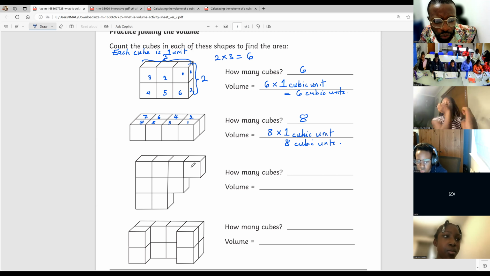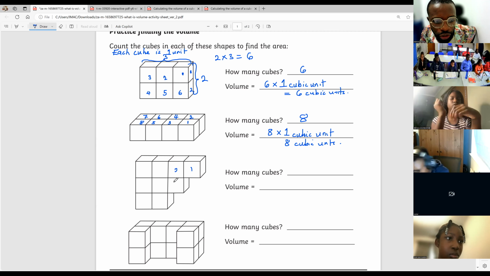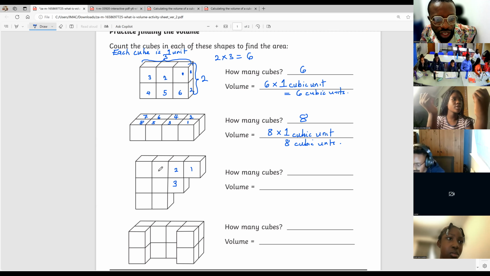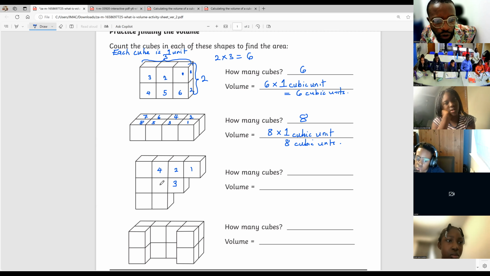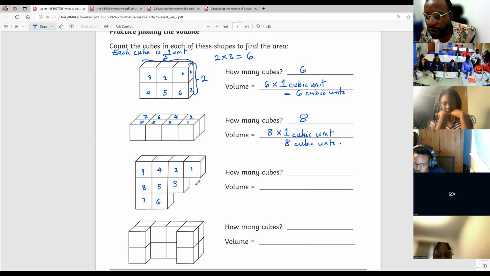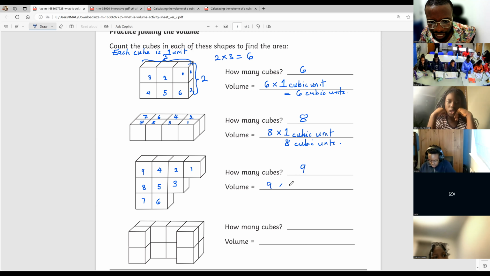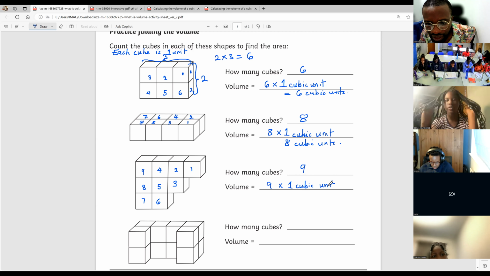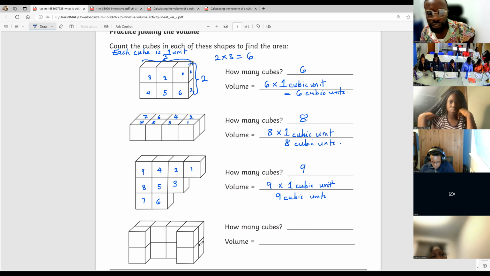Everyone, let's count. 1, 2, 3, 4, 5, 6, 7, 8, 9, and something behind it. It is 9 cubes. So this is 9 times 1 cubic, okay? And that is 9 cubic units.